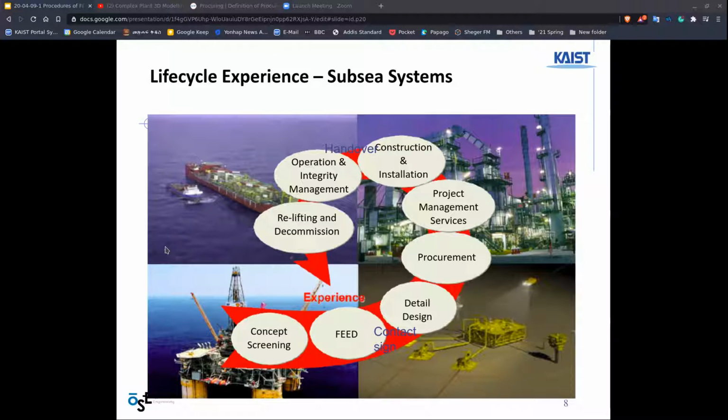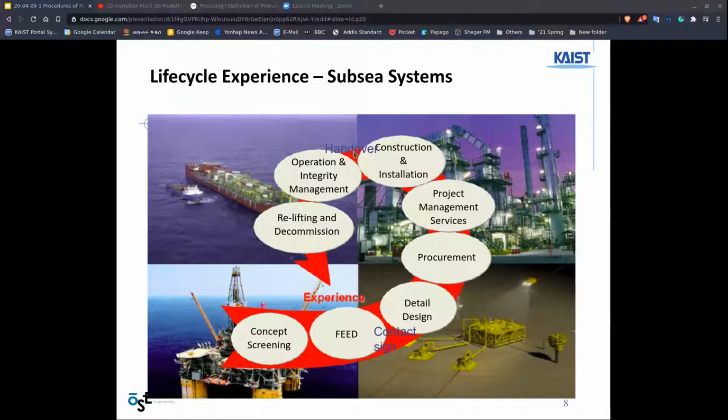So after FEED, there is contract signing between the client and contractor. Then you can see detailed design, procurement, project management. The detailed design is done by the shipbuilding company, and then there is construction and installation, and everything's done, and then there's handing over back to the owner, and then there is operation and integrity management by the owner, and then there is relifting and decommissioning.